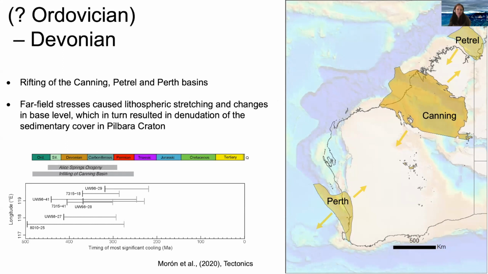The results of that study were published last year in Tectonics. We were also able to place the opening of the Canning Basin in a continental scale framework by understanding the far-field stresses.